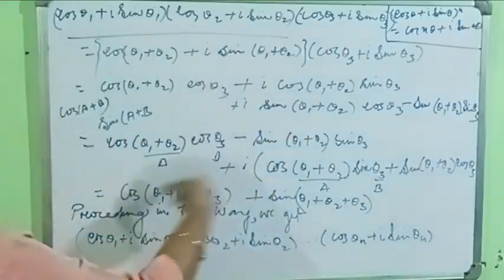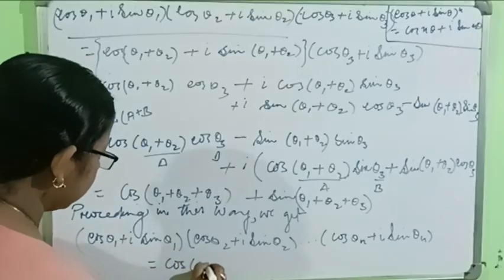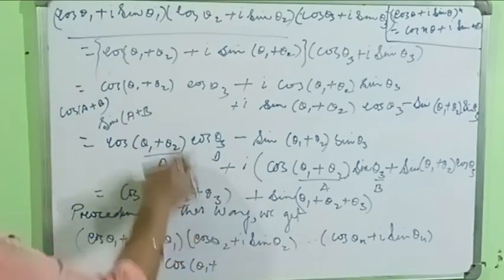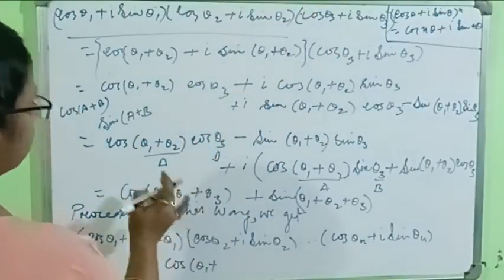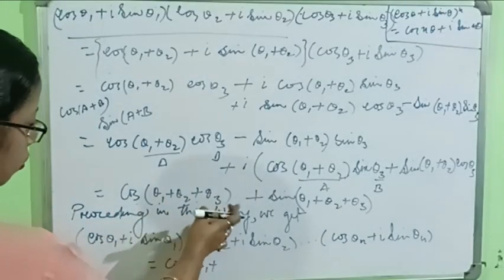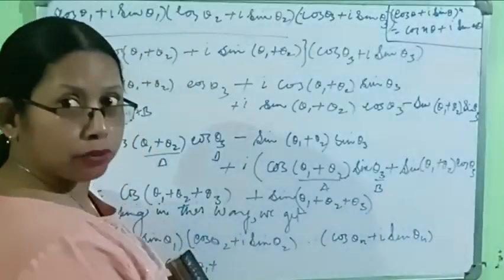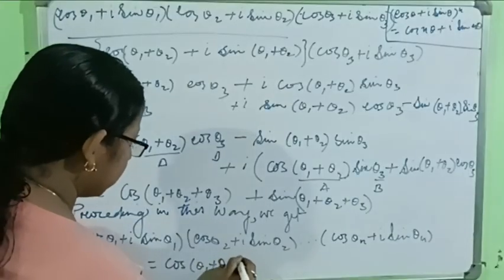Proceeding similarly, I will get the value as cos theta 1. If 2, then I will get here theta 1, theta 2. If I consider 3, I will get the sum of 3 thetas, theta 1, theta 2, theta 3. So here I have considered the product of n number of thetas, so I will get the sum of n number of thetas.